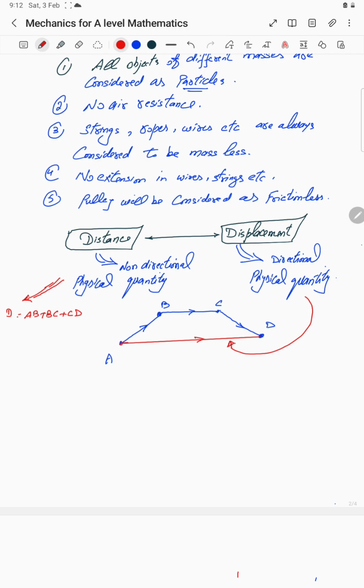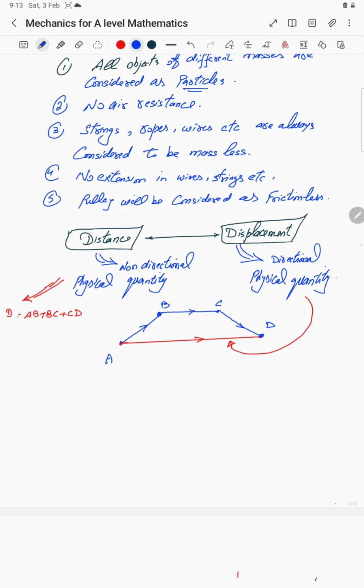So the total length measured between two points is distance, and displacement is the shortest directed distance between two points.